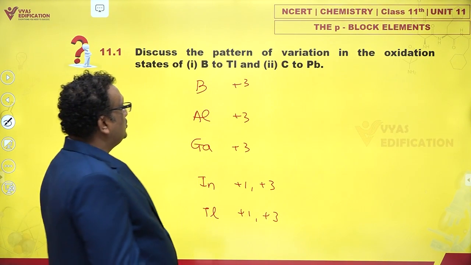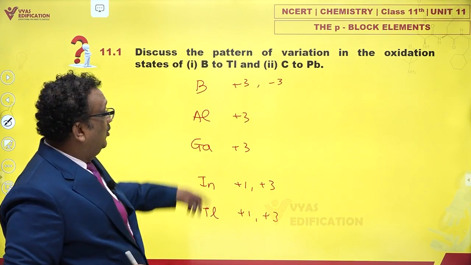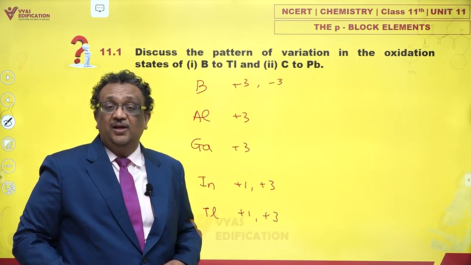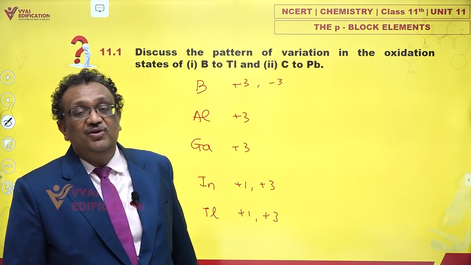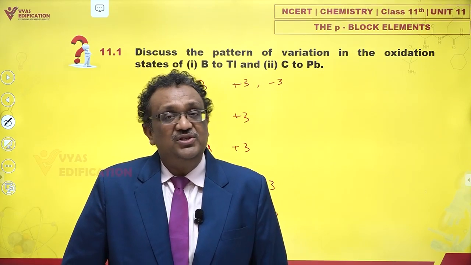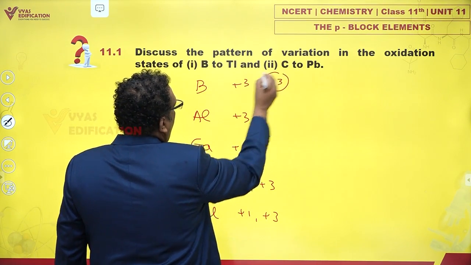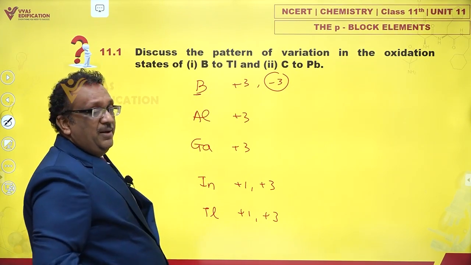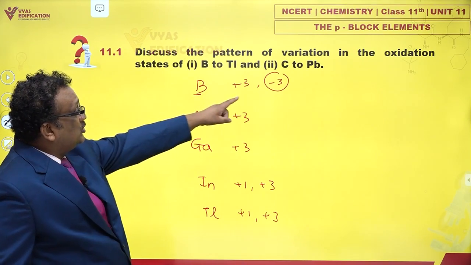Boron also shows a rare state of -3, which is not shown by others. Why? Because boron is a non-metal, while aluminium to thallium are metals, and metals never show a negative oxidation state. So, -3 of boron is visible only because boron happens to be a non-metal. This is one variation.